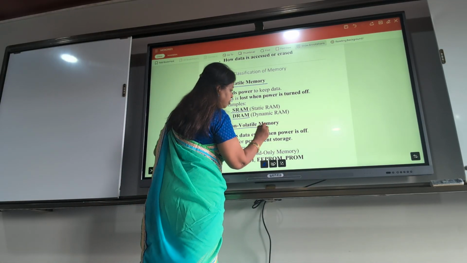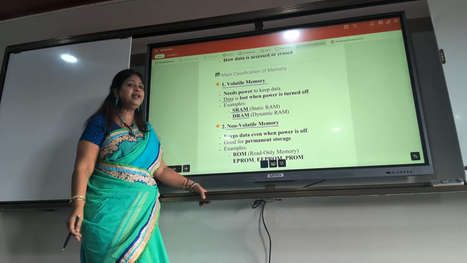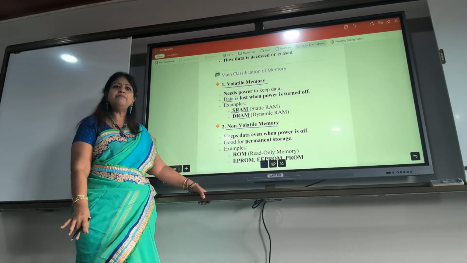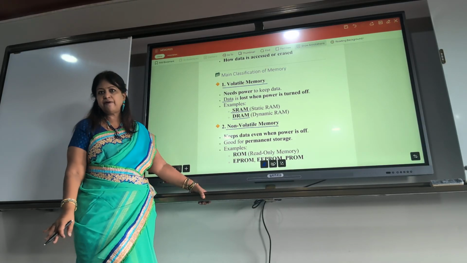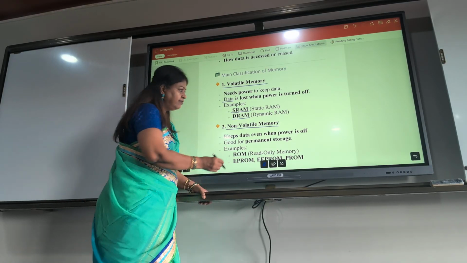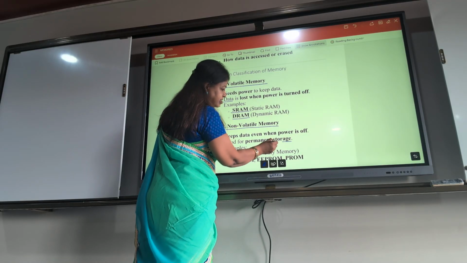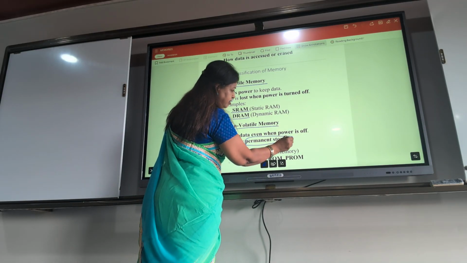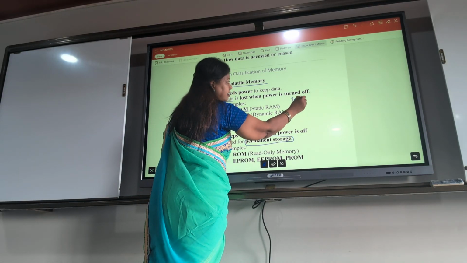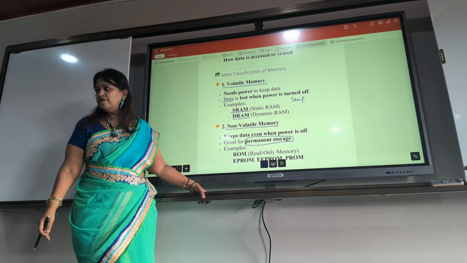Then you come to non-volatile memory. Non-volatile memory means it will keep the data even when power goes off. This is why it is called permanent storage, while those are temporary storages.